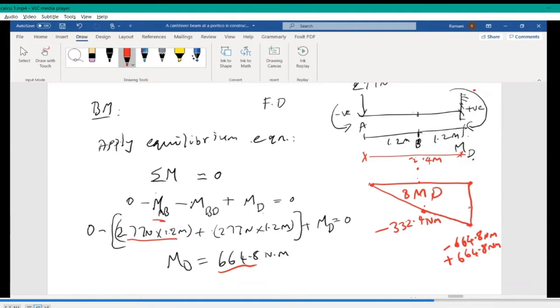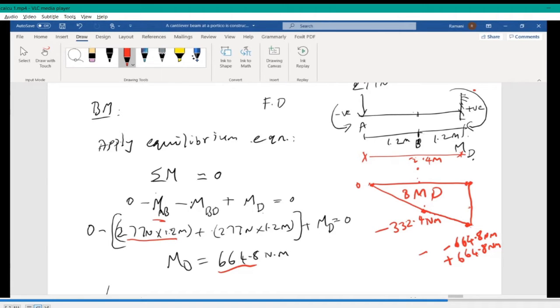That is one calculation, due to the loading. But there is another resistive moment offered by the support which has to be added, which is positive in direction. When you add it, automatically your drawing will drop down. Initially it was negative, right? If you take this as the axis, going down is negative, going up is positive.